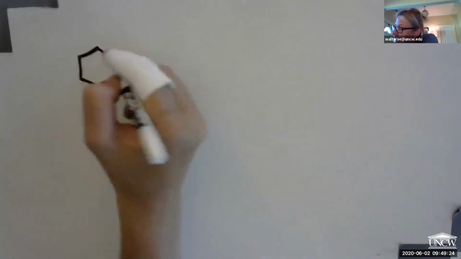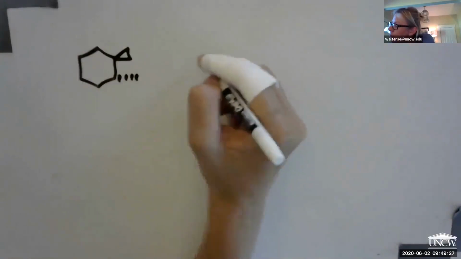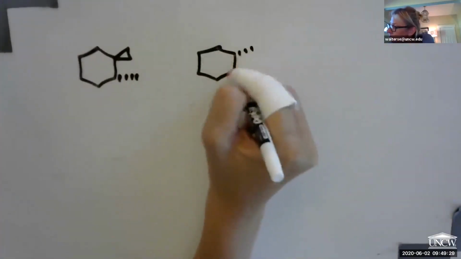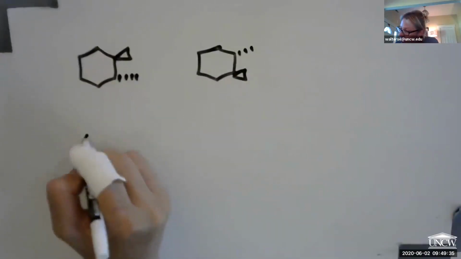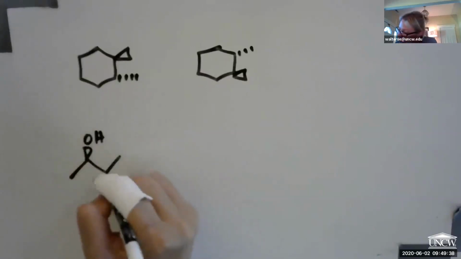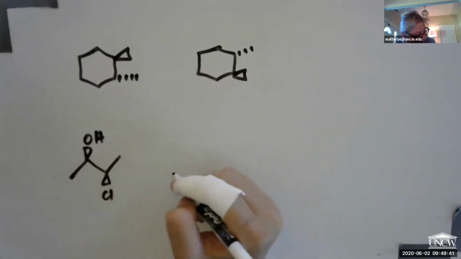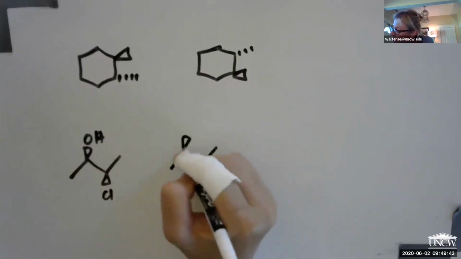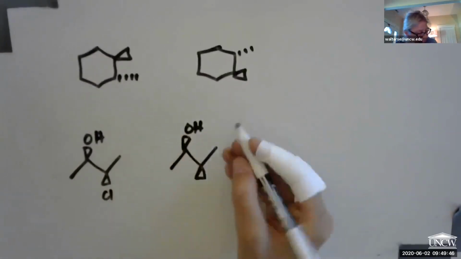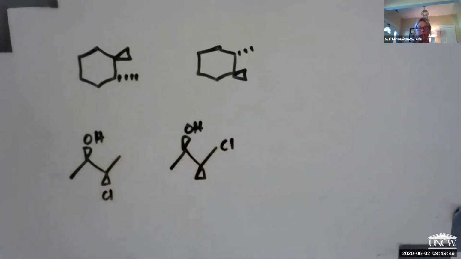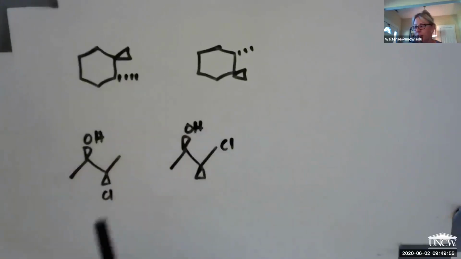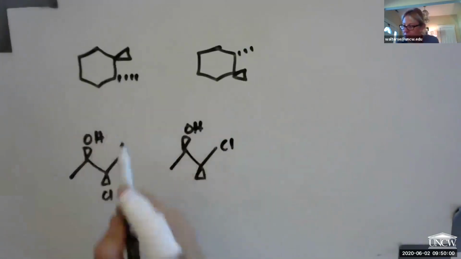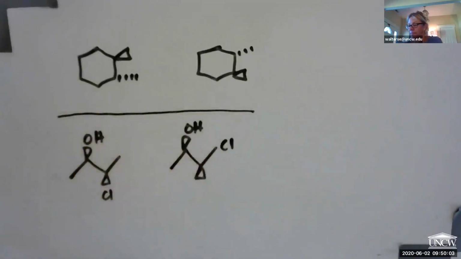So you guys work on these for a little bit and determine if the top two are enantiomers or diastereomers, and the same with the bottom. Okay, so don't make a relationship to the top and bottom, just across left to right.